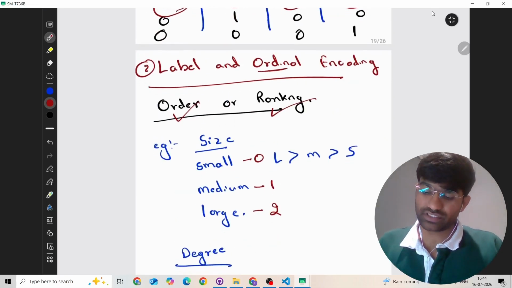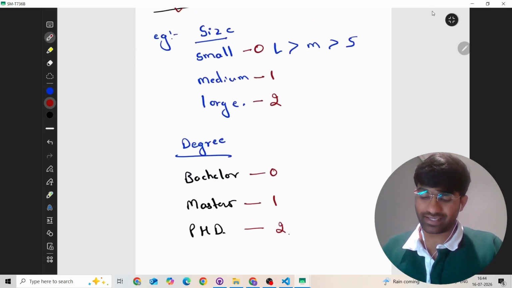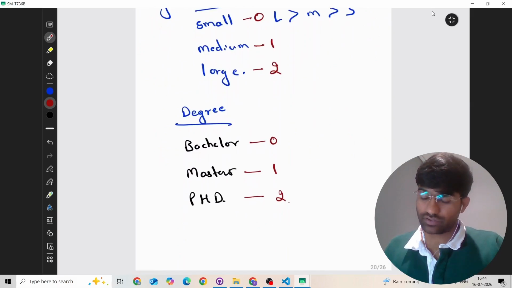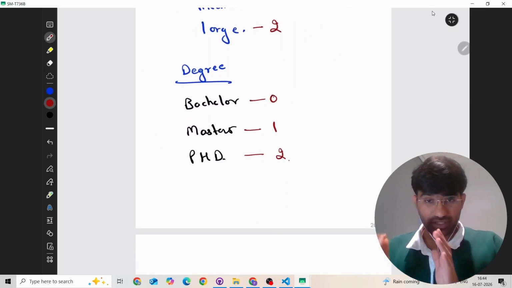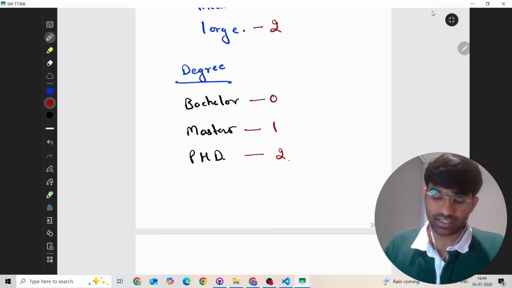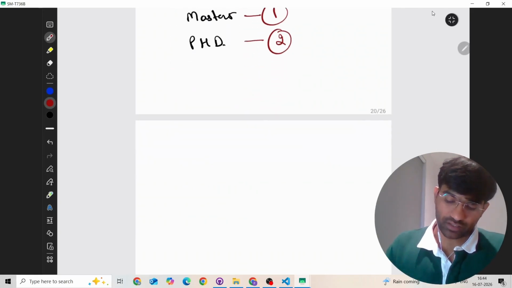In the name itself, ordinal says there should be some order or some ranking. So we can convert the categorical columns into numerical values, and it does not create a separate column for each categorical value. Only one categorical column. It just labels it based on the order, either 0, 1, 2.